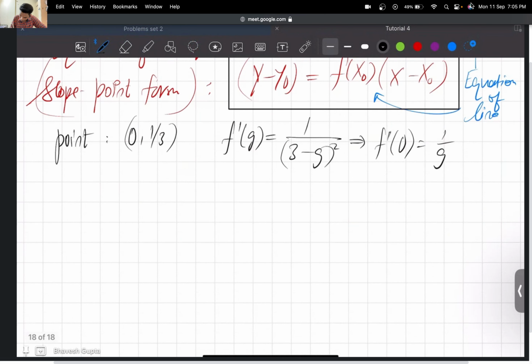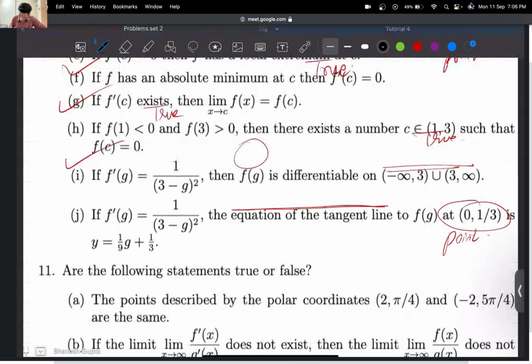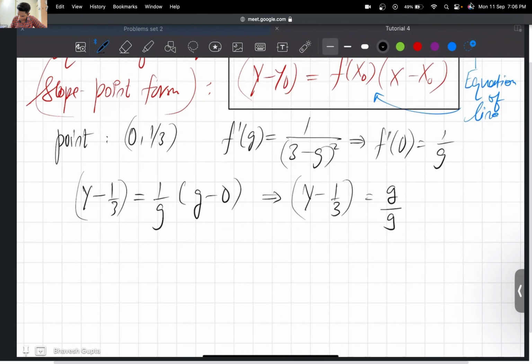So my equation of the tangent is y minus 1 over 3 equals 1 over 9 times g minus 0. So what do I see? I can see g over 9, and y minus 1 over 3. The same exact. So this is true.